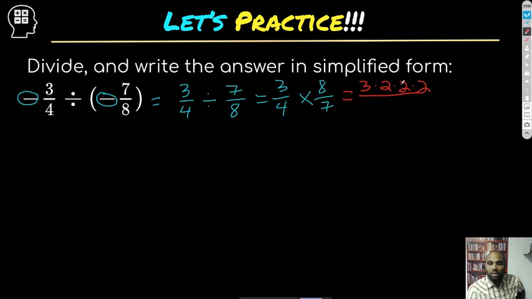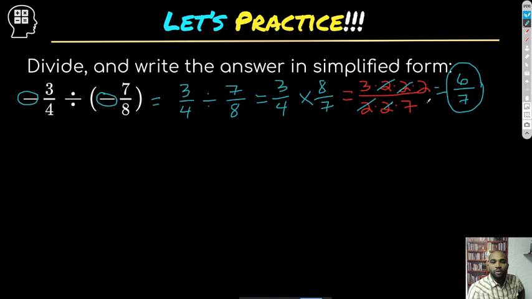Down here, I'm going to write out the primes 2 times 2 for that 4, and 7 is already good as it is. So can I cancel anything on top and bottom? Absolutely. Those 2's can go, these 2's can go, and I'm left with, I think that's it. So 3 times 2 up top was just 6, and just a 7 below. So when I simplify it, I now have 6 over 7.